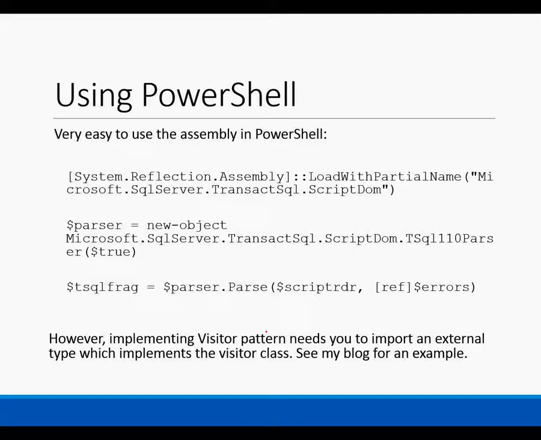The challenge you will find though is because PowerShell is somewhat of a simpler language than, let's say, C#, you cannot do things like the visitor pattern that I showed you right now. To do that, you have to implement a type within PowerShell, which gets a little bit more complex. So on my blog, there's a pretty good example of how you can do that in terms of using PowerShell and the visitor pattern together.